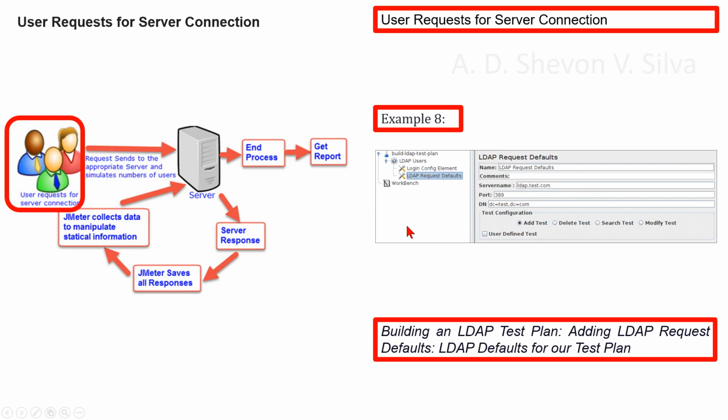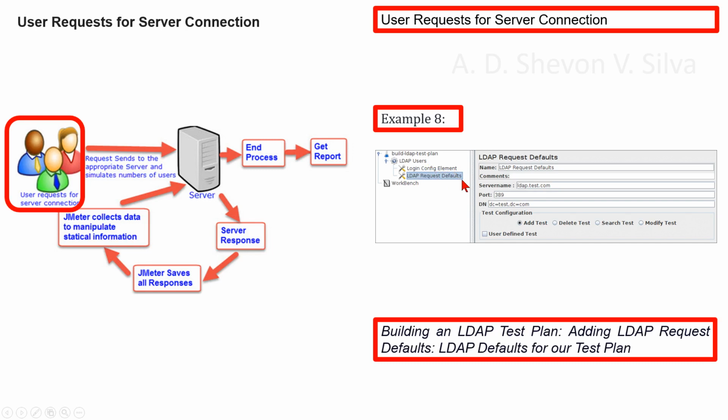Here you can see LDAP default for our test plan. Click your right mouse button to get the add menu, then select add, then config element, then LDAP request defaults. Then select this new element to view its control panel.